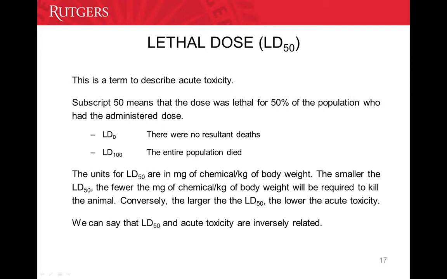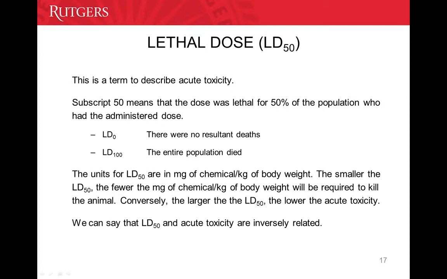So the LD50 gives us an index, or at least a starting point, to try to explain how toxic something is or isn't. And LD stands for lethal dose. The subscript 50, as you recall, stands for the part of the population that's affected. So if you have an LD50, 50% of the population that was exposed would in fact have the lethal dose. They would die.